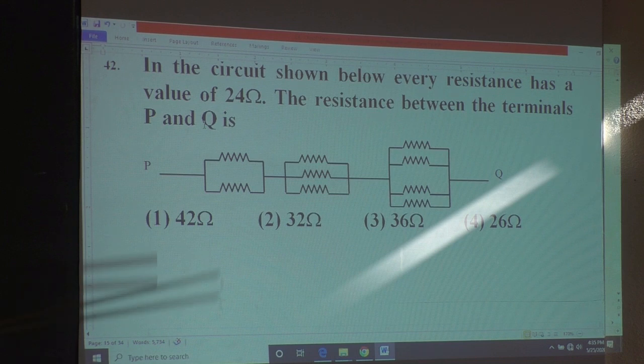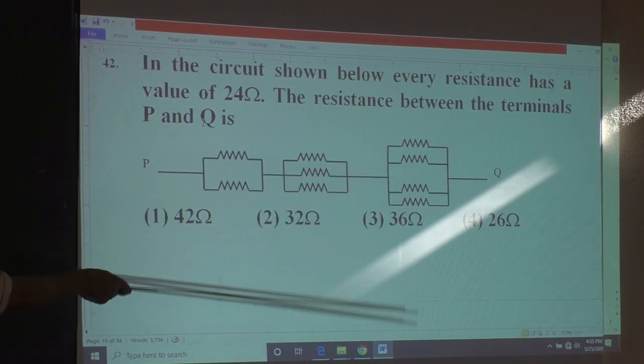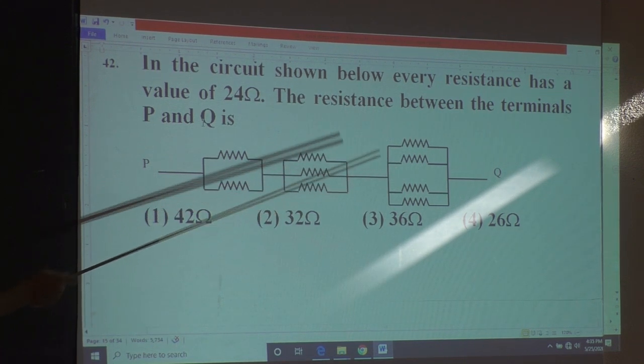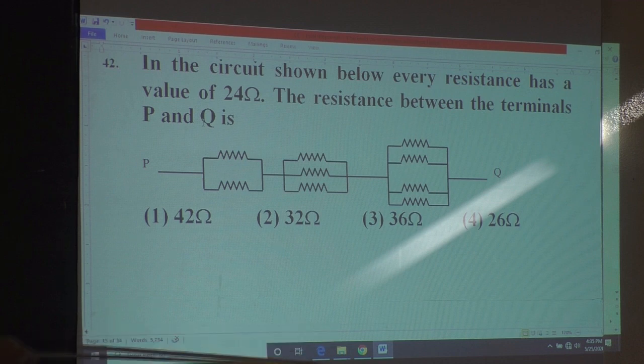What is the total resistance? 6, 8 and 12, it is 26 ohm, am I right? Fourth option. Option is 4. This is very easy, but we have some complicated networks whose equivalent can be found out very easily. Right. Shall we move on? Yes.